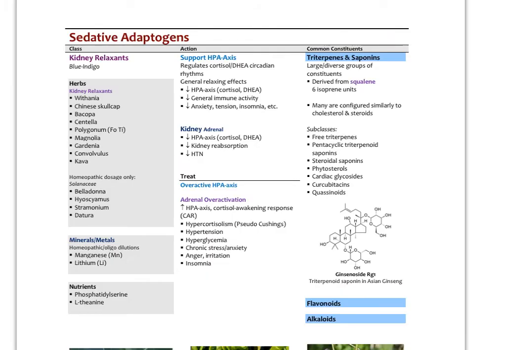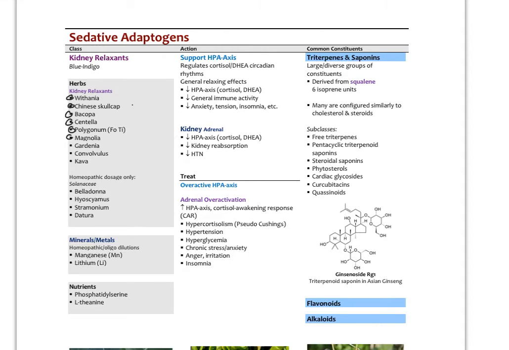So the next grouping of herbs here, again, for a little bit more detail, would be what I'm calling the sedative adaptogens. Not really a great name because, again, adaptogens are not sedatives or stimulants, but I chose that name to sort of indicate that there are adaptogens that downregulate the HPA axis. And so herbs like withania, Chinese skullcap, bacopa, centella, polygonum, magnolia.